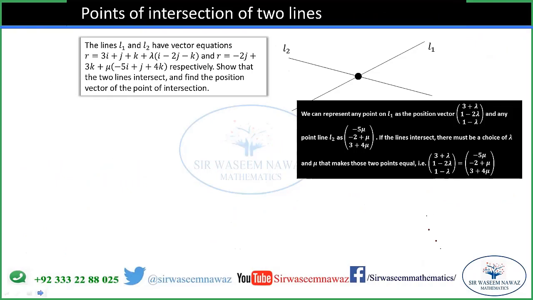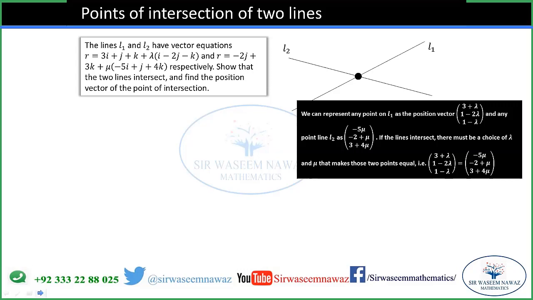So what we have done up till now is that we have found the equation of the straight line. What is the equation of the straight line in vector form? That is r equals a plus lambda times b, where a is your position vector and b is your direction vector.